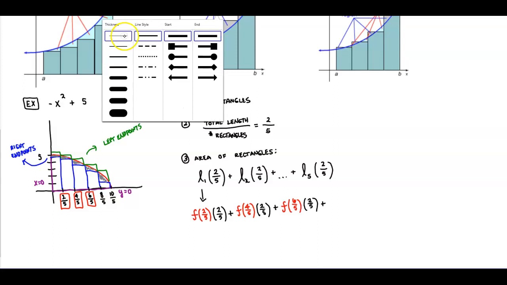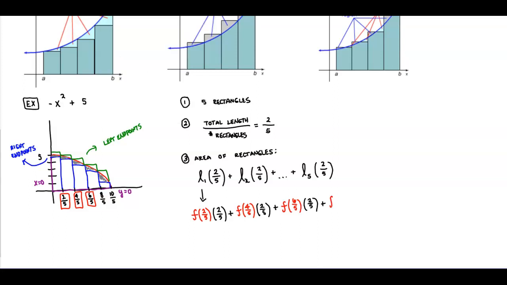Plus the next length, f of 8/5, and then multiplying that by 2/5, plus, and then the last one, we take f of 10/5, and then we're going to multiply that by 2/5. Okay?